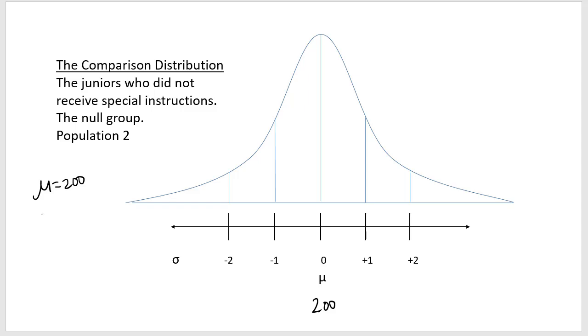If we know that the population standard deviation was equal to 48, we can put that on here too. So it's 248 and 296, and then going backwards, 152, and then 104. So this is our raw scale. We can call that our X scale because that's the raw scale. So we have a standard deviation of 48, population mean of 200.